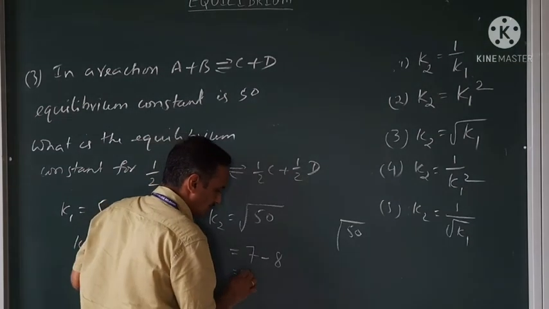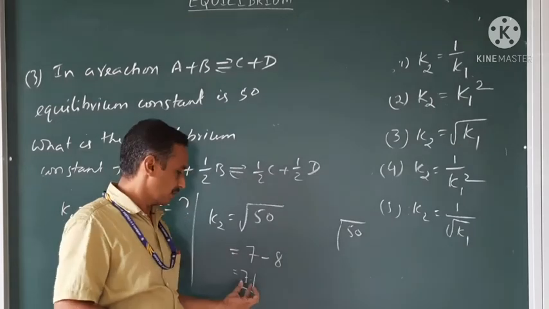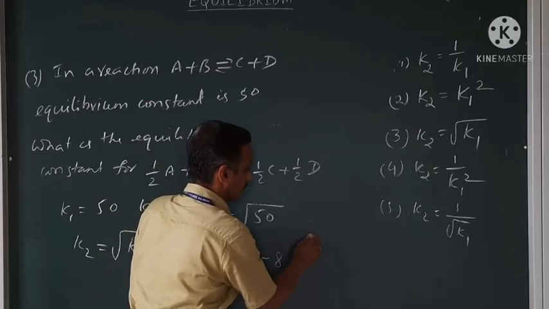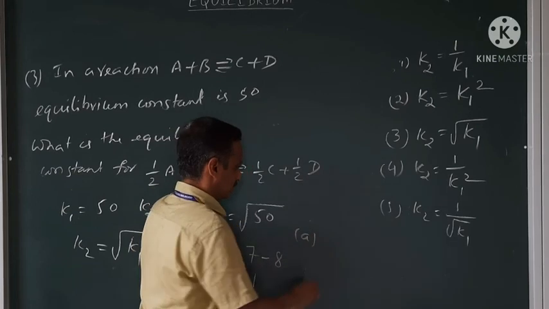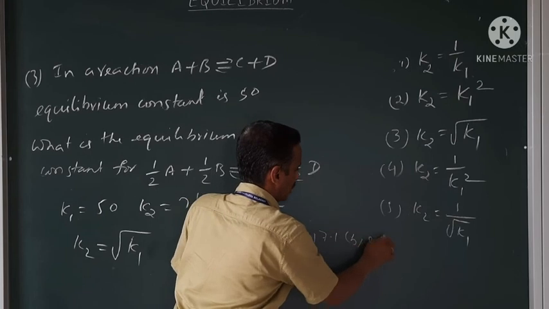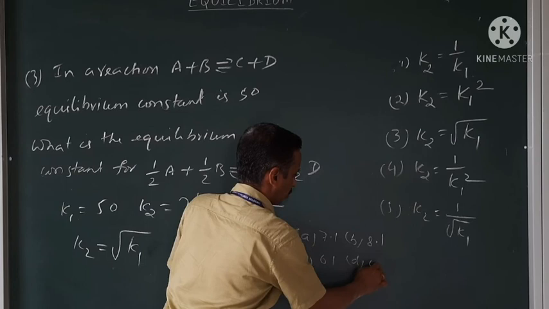And 7.1 or 7.2, in that range, should be there because it is very close to 49 also. They have given the options like A 7.1, B 8.1, C 6.1, D 4.1.